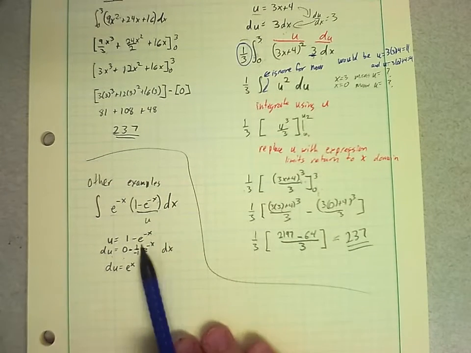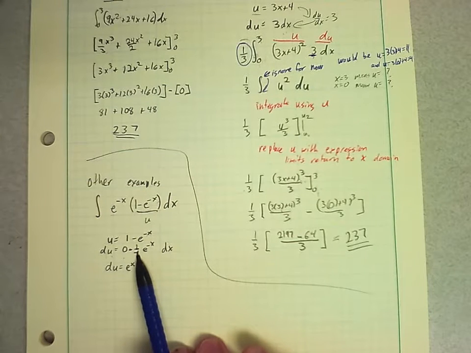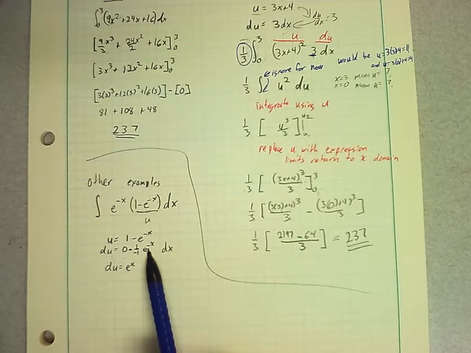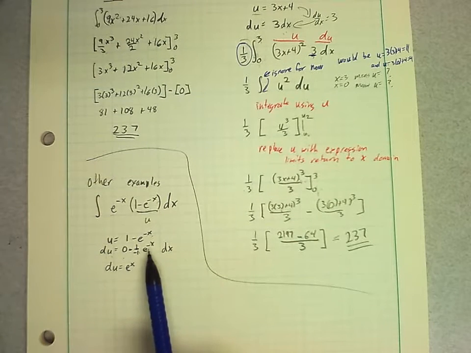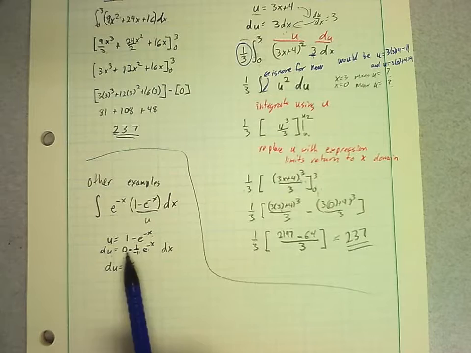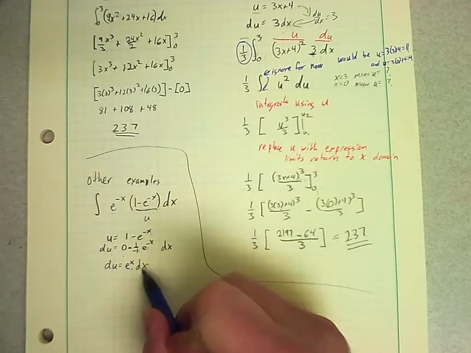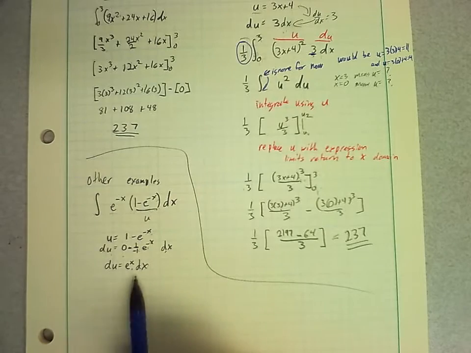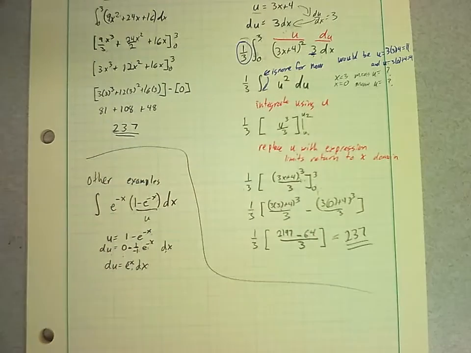Remember, when we take the derivative of e to a power, it's 1 over the coefficient of that, and the e part stays the same. So 1 over negative 1 times e to the negative x. The negatives go minus the negative 1 becomes positive. So du would just be e to the negative x dx.